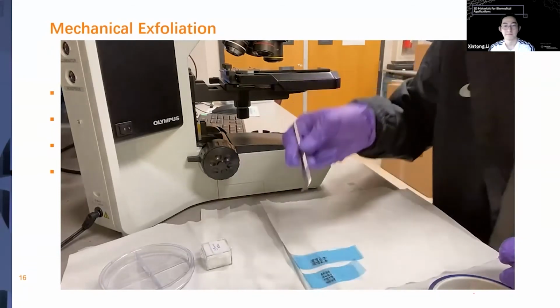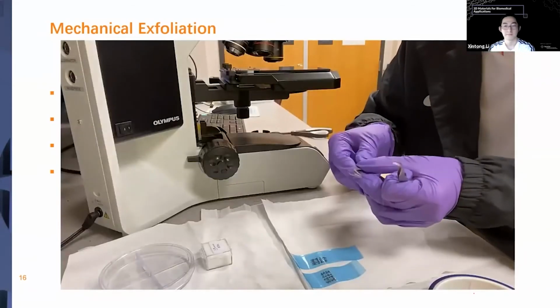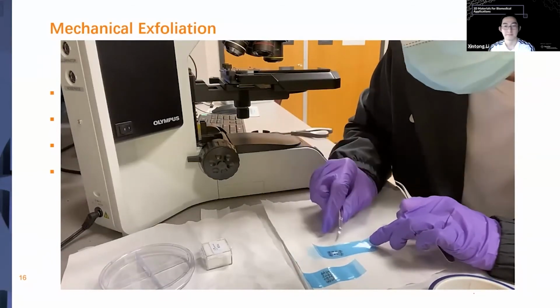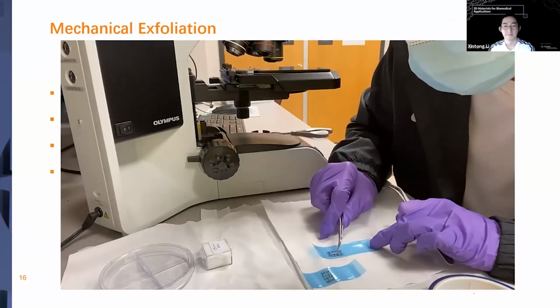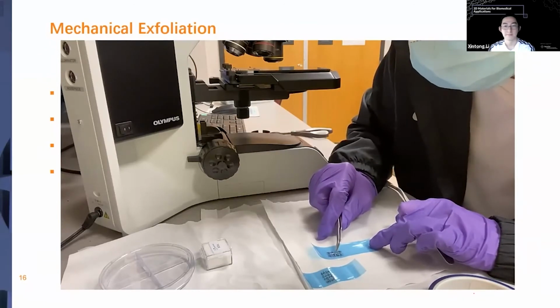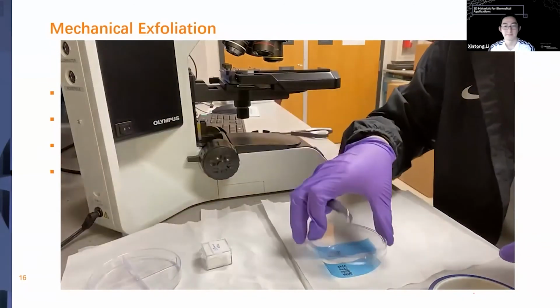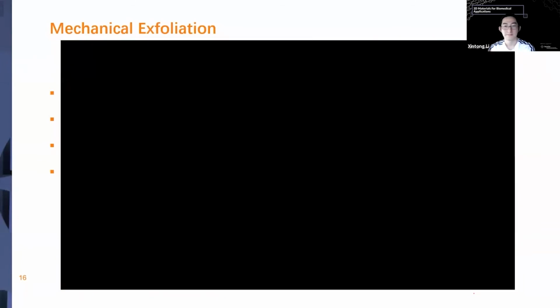Okay, I'll put this back. Then we're going to put it on the 2D material like this, and press it a little bit, not too hard. And then we cover it and leave it there for, for example, 1 minute.